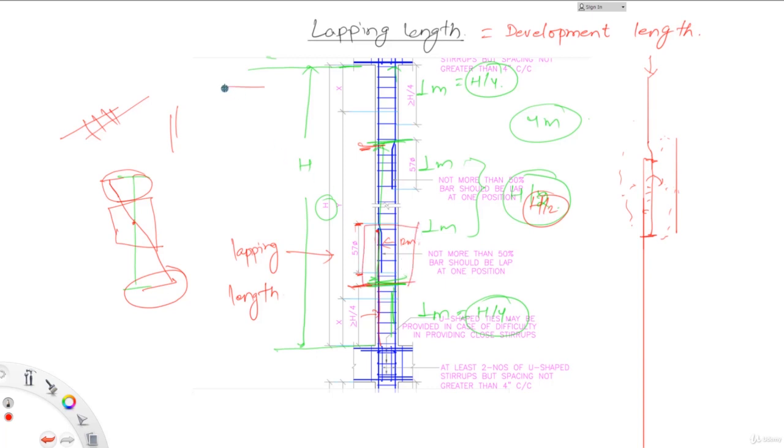When the lateral load or the vertical load acts, the chances are that this portion might fail, because over there the rebar is not continuous, and due to this reason that portion is weak. So we avoid lapping all the rebars at one position.